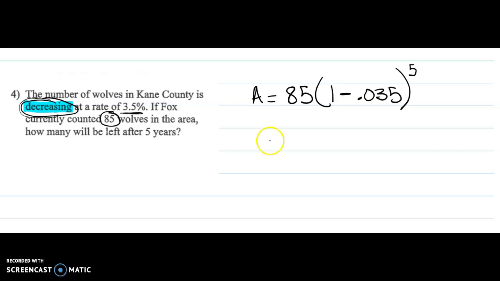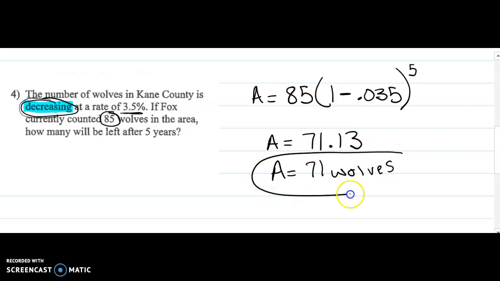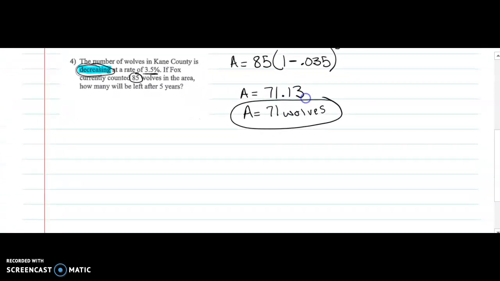When you plug that into your calculator, you get A is equal to 71.13. But we're talking about wolves here. We can't have 71.13 of a wolf. So we're just going to round. Okay, there's the first one.